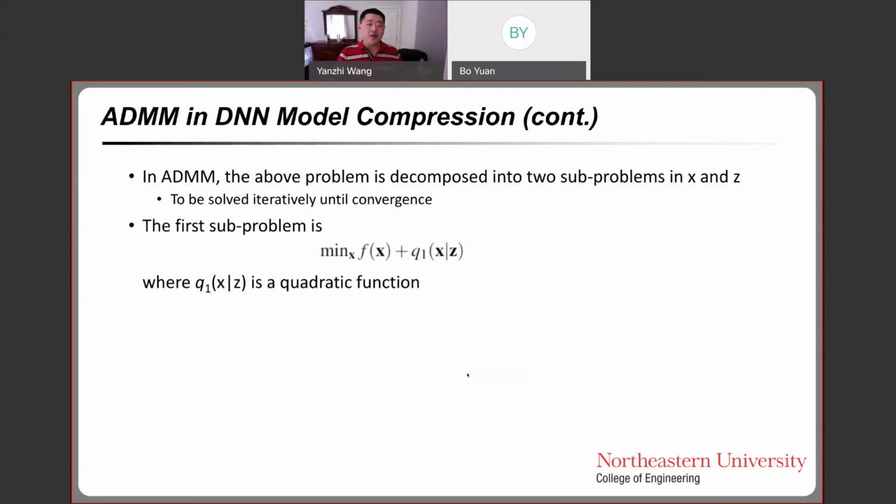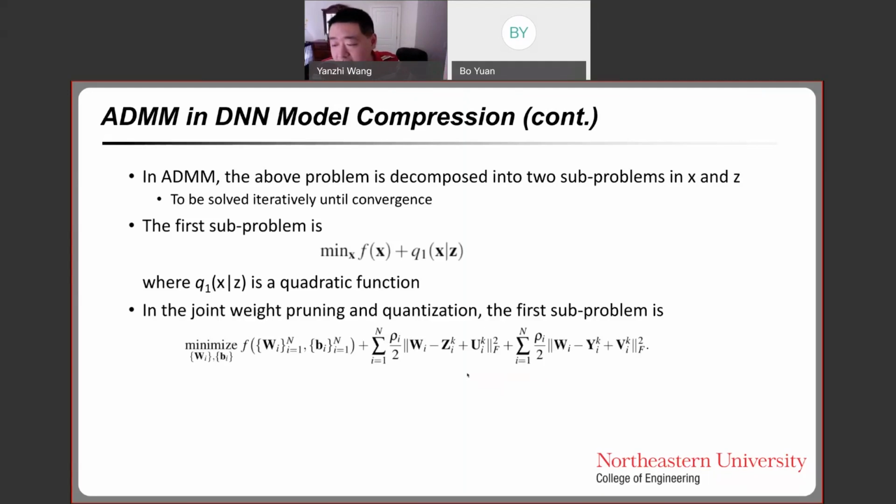The first subproblem is to minimize f(x) plus a quadratic term q1(x) given z. In this subproblem we are given z, and we find x. Because q1 is a quadratic function, this subproblem has the same complexity as the original f(x). In weight pruning and quantization, the first subproblem is given here.